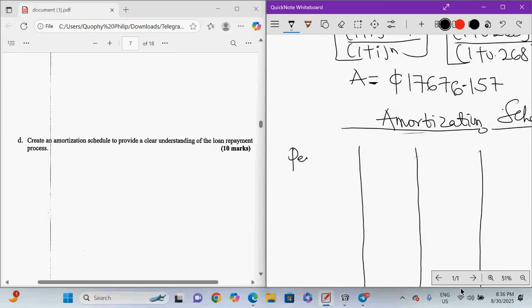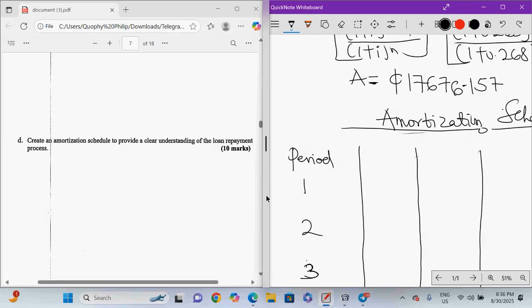So please, are you going to do it from 1 to 30? Are we doing it in months? 1 to 30 means you are doing it in months. Do you get it? It's 2.5 years, so we can use 3 years, right?